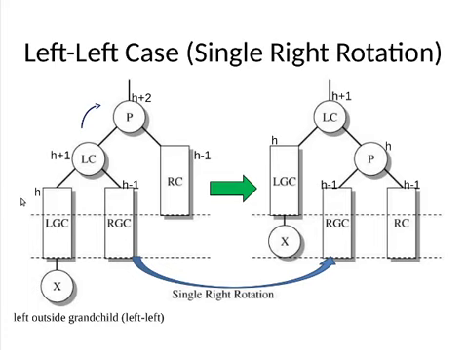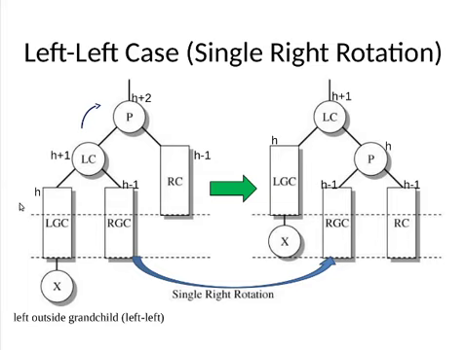We argue that height of RGC cannot be h because if it is so, the height of LC was h plus 1 even before the insertion of X and the balance factor of P was +2 even before insertion of X. Hence, we conclude that height of root of LGC is h.